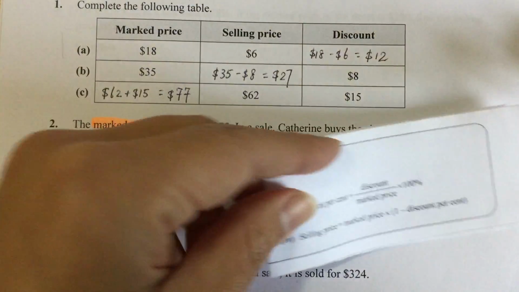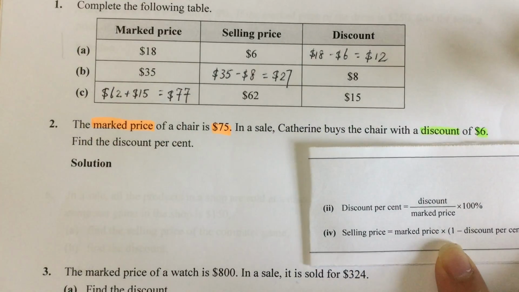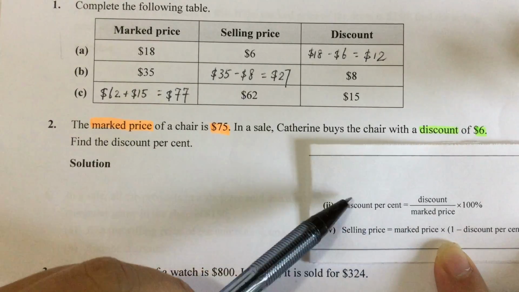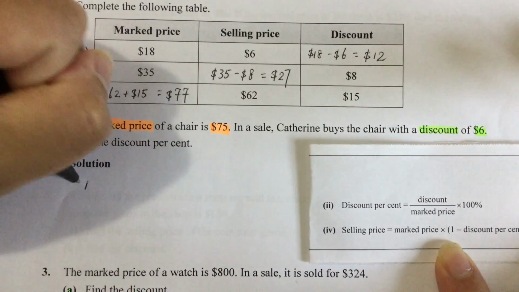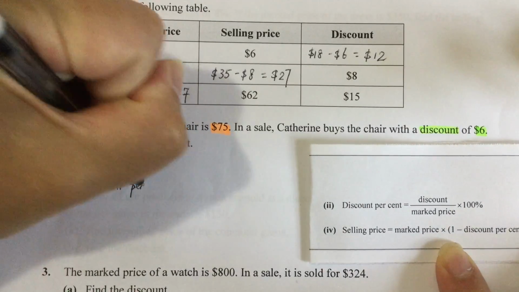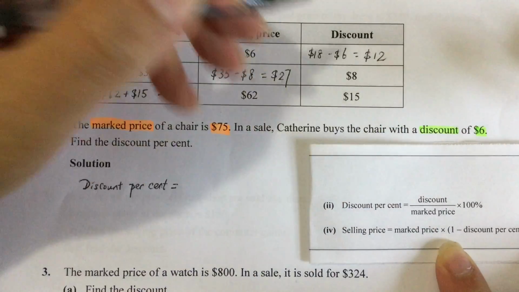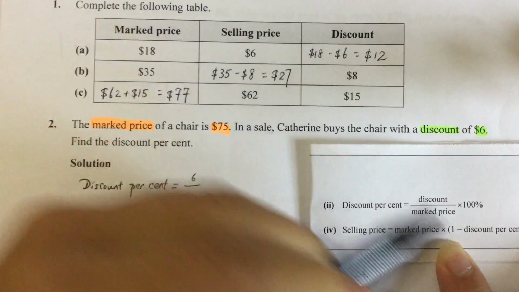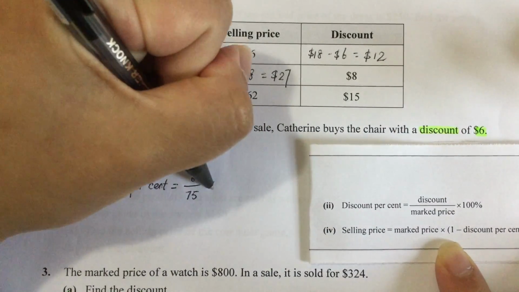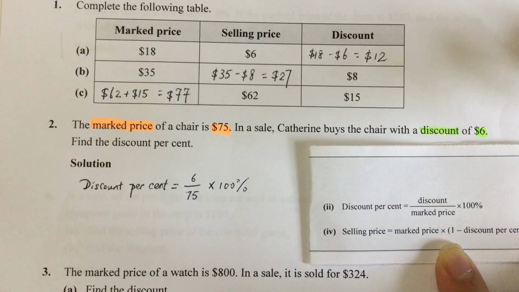We are going to calculate the discount percent. So we write discount percent equals the discount, that means the $6, over the mark price $75, times 100%. So we will get the discount percent here.